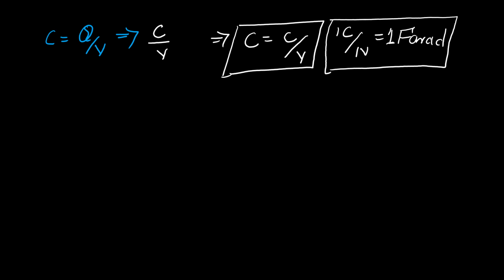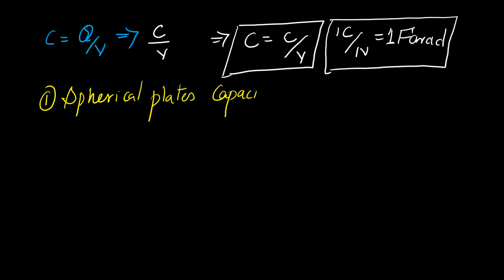Dear student, on the basis of shapes of capacitor or physical appearance of a capacitor, capacitors are usually divided into three main types. First type of capacitor is known as spherical shaped capacitor, spherical plates capacitor. Second type of capacitor is known as parallel plate capacitor, parallel plates capacitor.